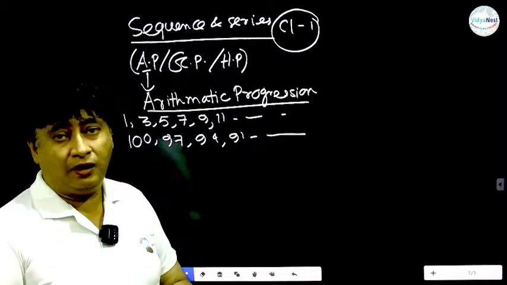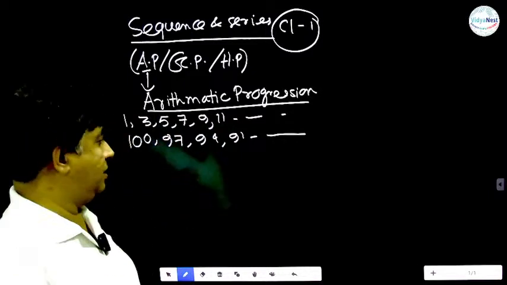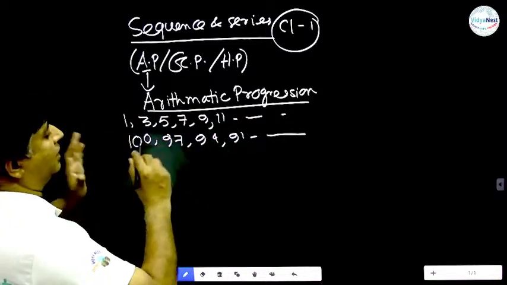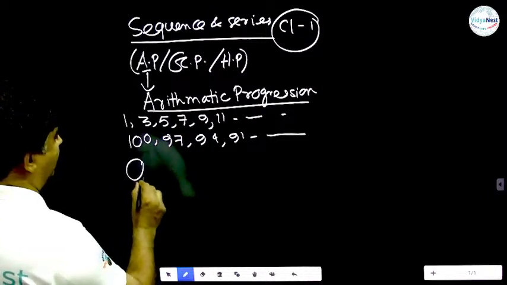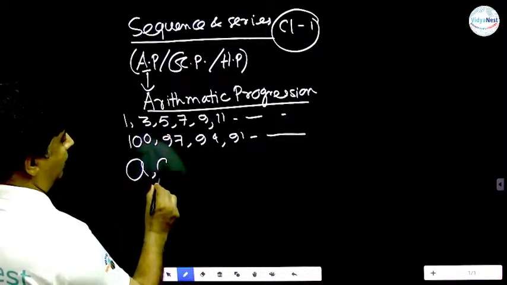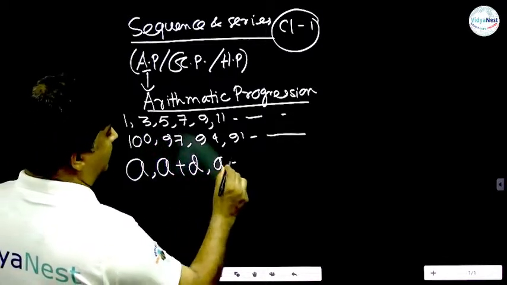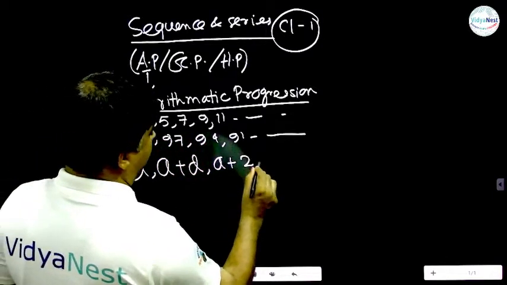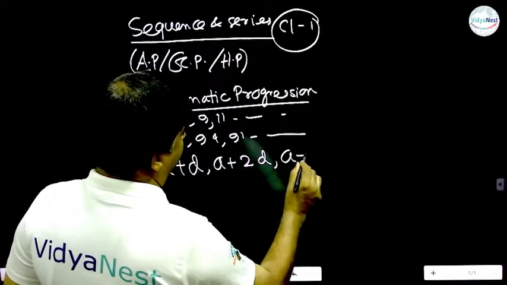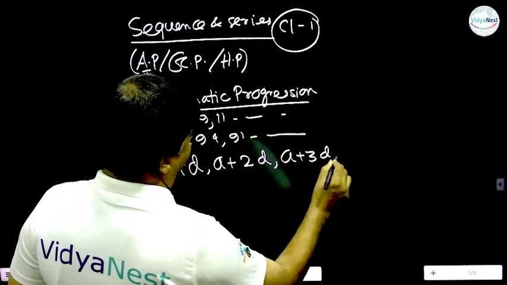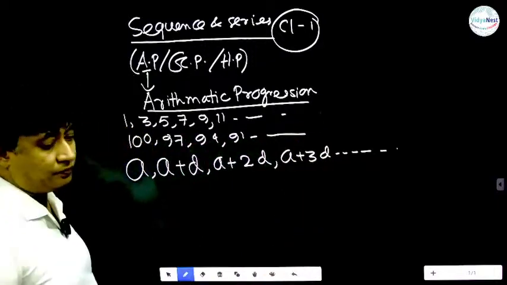In general, if you consider an element A, it will be increased by a fixed difference: A plus D, A plus 2D, A plus 3D, and so on.